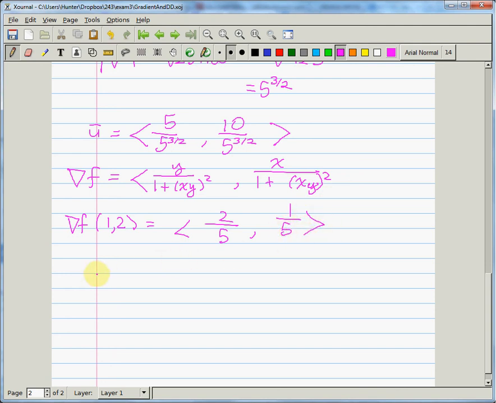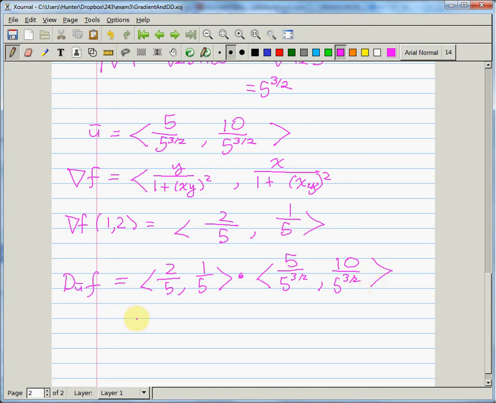Okay, so now let's take the dot product of this thing and the unit direction. That's going to be the final answer. So it's going to be the dot product of 2 over 5, 1 over 5 dot the unit direction, which is 5 over 5 to the 3 halves, 10 over 5 to the 3 halves.